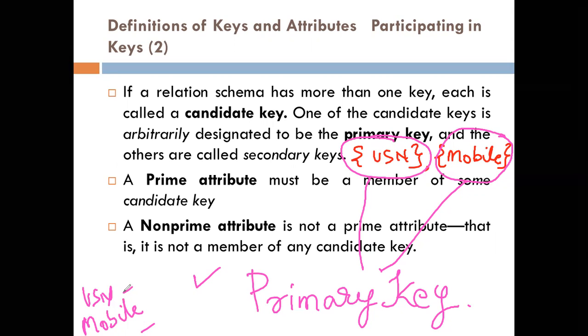So arbitrarily we'll choose USN as the primary key. So this is the difference between a super key, key, candidate key and primary key. Whatever primary key we have selected is also a candidate key, because the primary key is selected from the candidate keys.